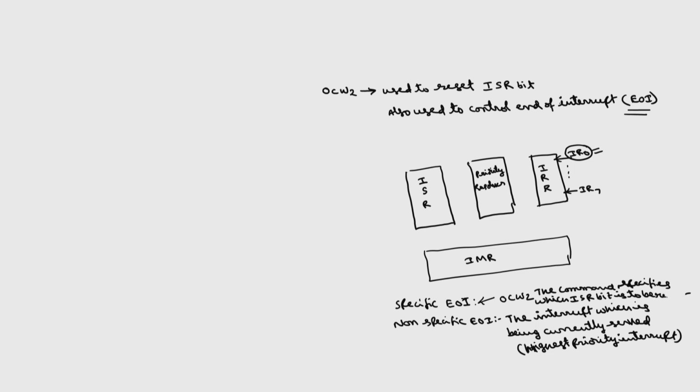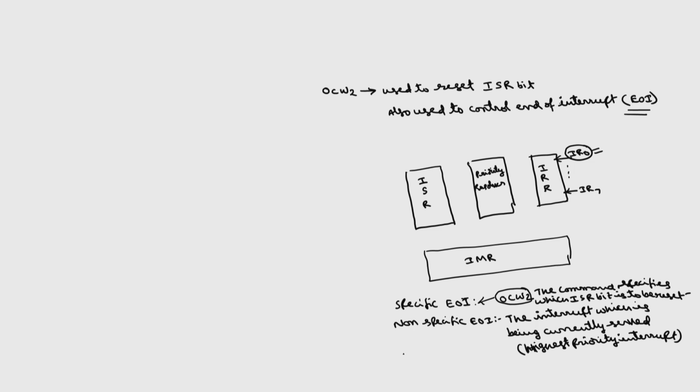So I think now the difference between specific EOI and non-specific EOI is clear. In case of non-specific EOI, by default the interrupt which is currently being processed or served will be reset. In case of a specific EOI, we have to give through this OCW2 which bit is to be reset.